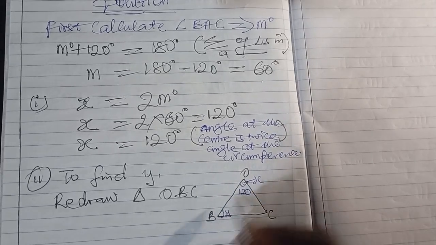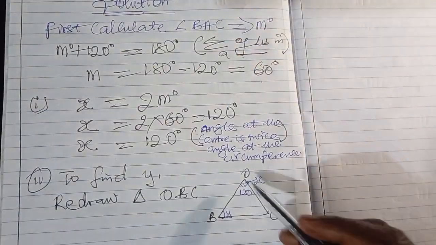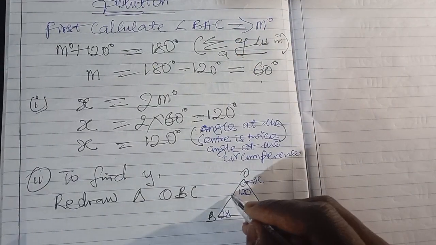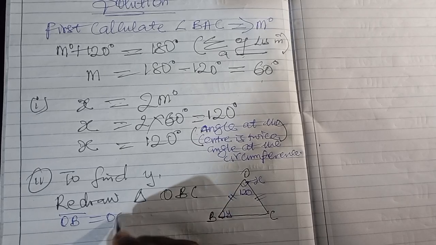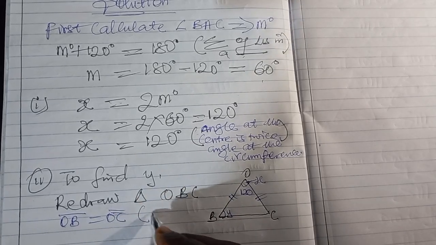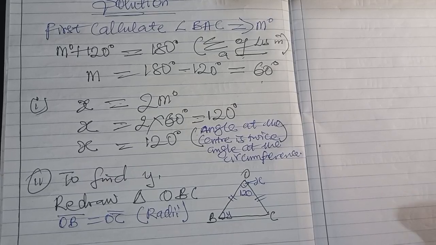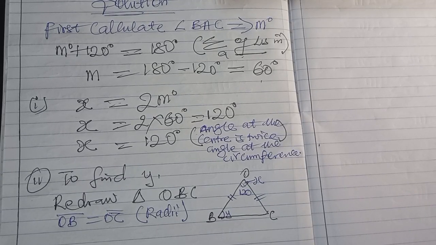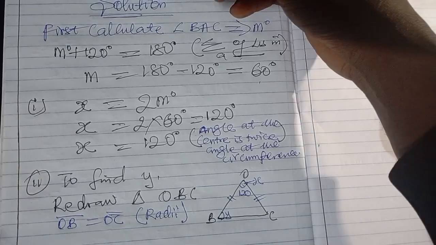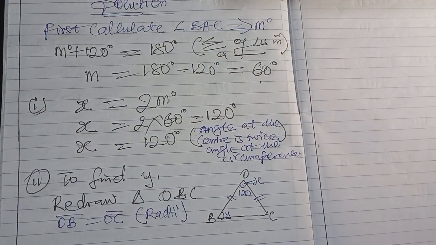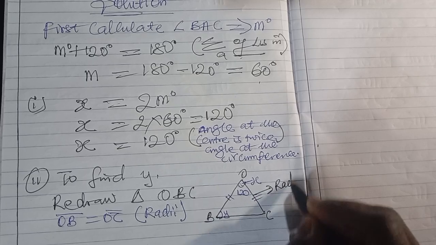If you check from this diagram, you notice that OB is equal to OC. The reason is that they are radii of the circle. Since this is the center of the circle, a line drawn from this center to the circumference is the radius.